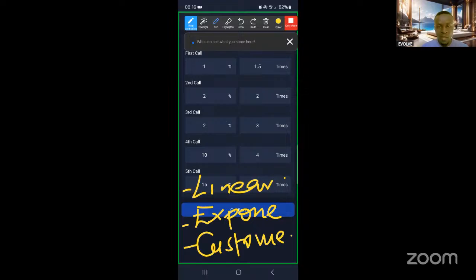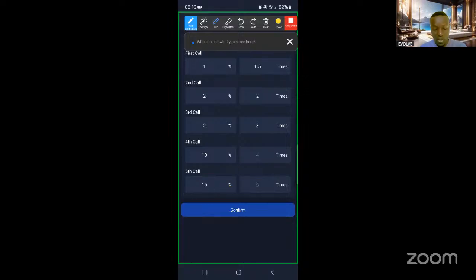Exponential is 1, 2, 4, 8, 16, 32. Those are exponential, and those are the default that Loyalty uses. Then custom is the one you see right now.